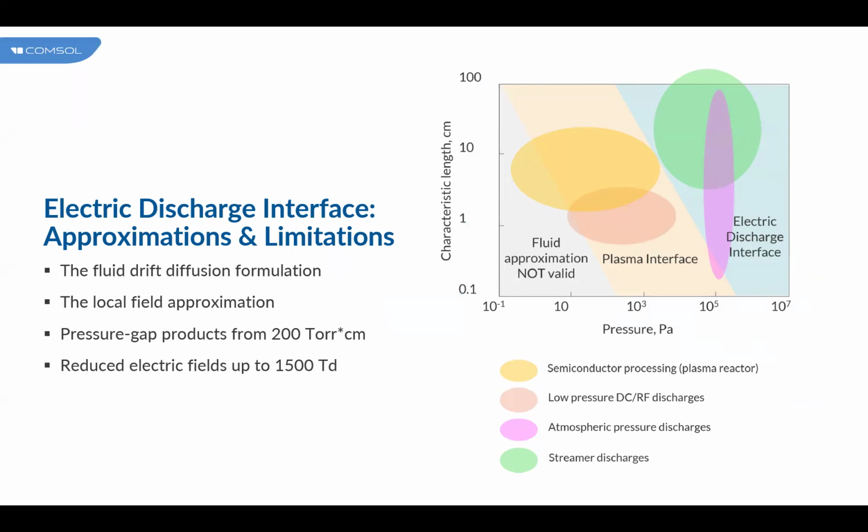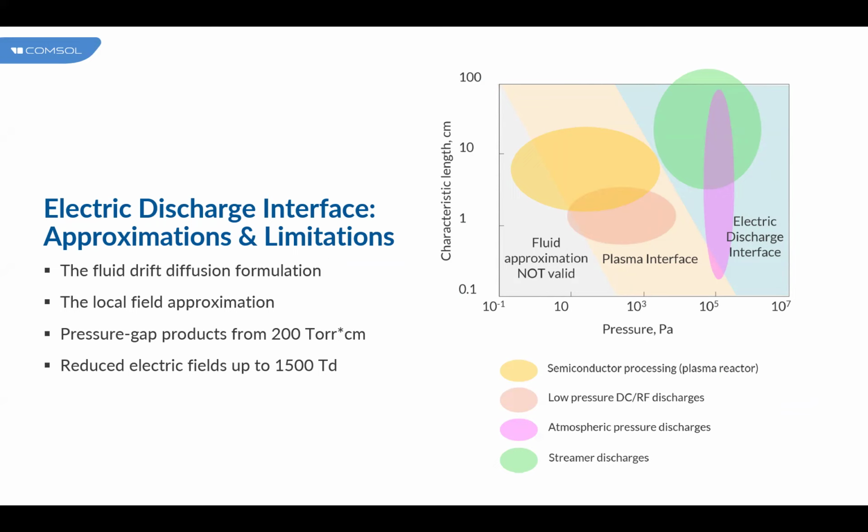The electric discharge interface, like the plasma interface, relies on the fluid approximation, which uses a single moment description based on continuity equations. This approximation is generally valid when the product of gas pressure and discharge gap length exceeds 0.1 torr multiplied by centimeter.